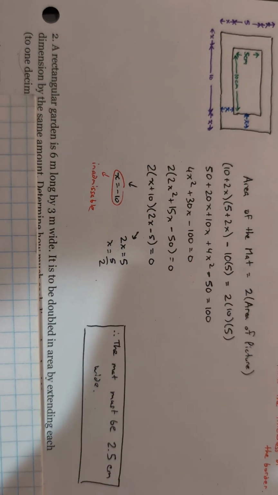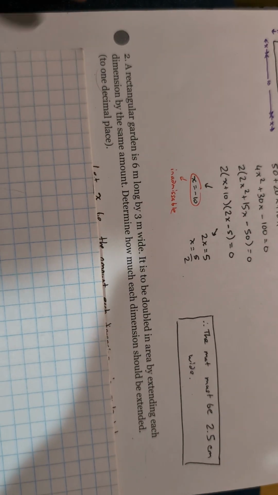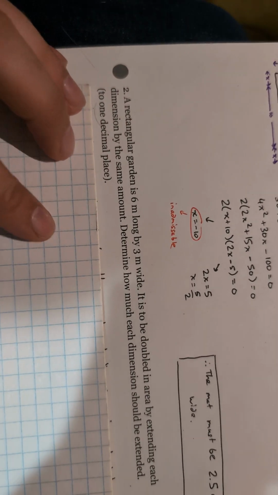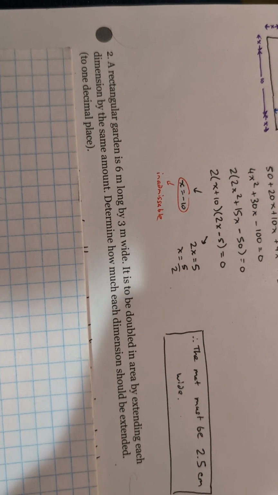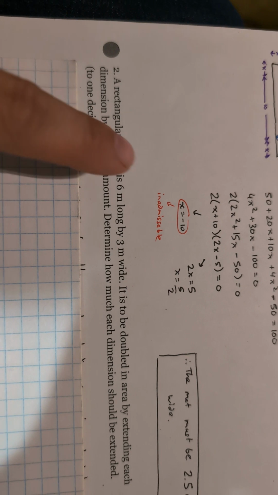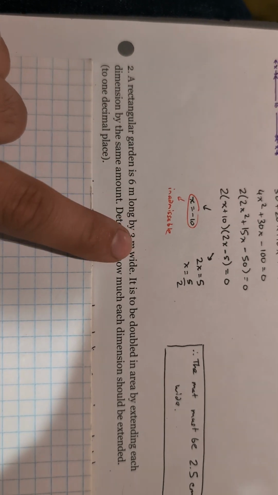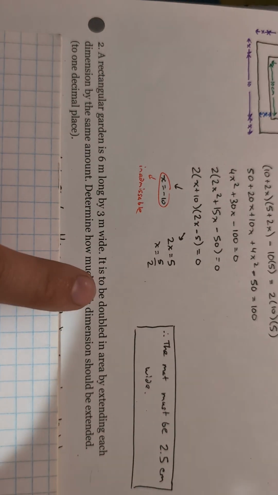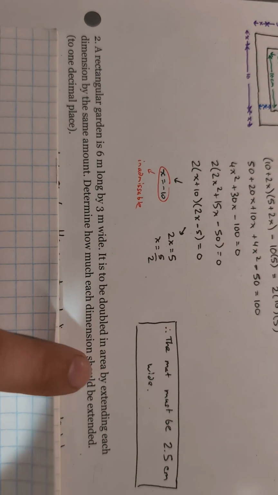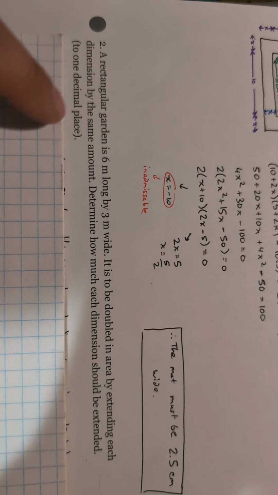The second problem is a similar idea, although we don't have the add-on on both sides in each direction. It's just on one side in each direction. We have a rectangular garden, 6 meters long by 3 meters wide, and it is doubled in area if we extend each dimension by the same amount.